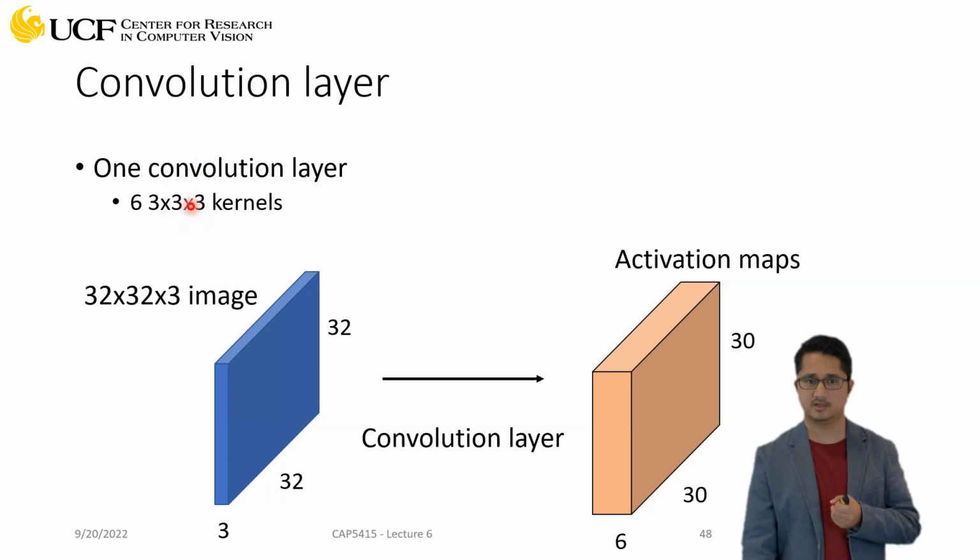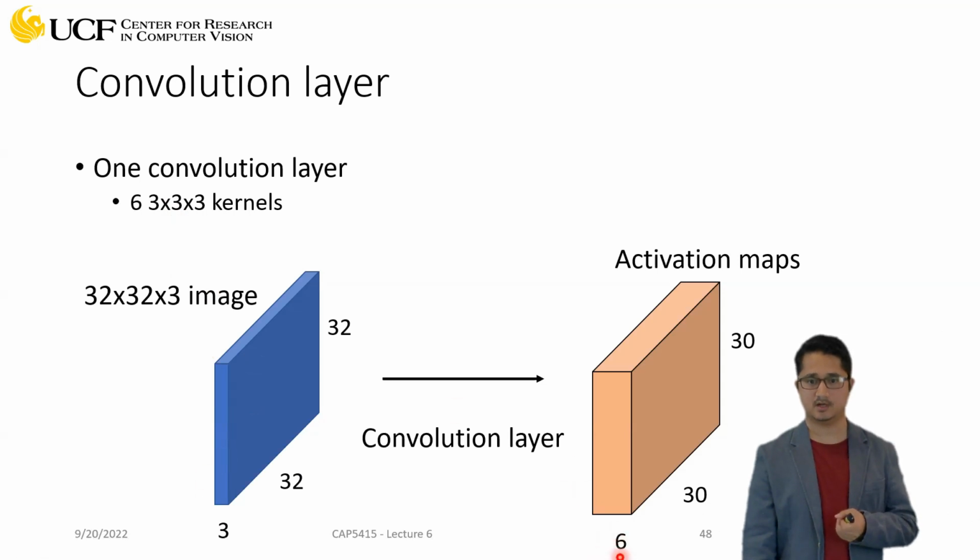The third dimension is determined based on the depth of your input feature map. In this case, the image is the input and you have 3 channels, and therefore the third dimension of this kernel has to be 3. It doesn't matter how many kernels you use, for all the kernels, the depth will be 3. And you can only design the first two dimensions. In this case, the kernel is 3 cross 3. Okay, so that's one important part.